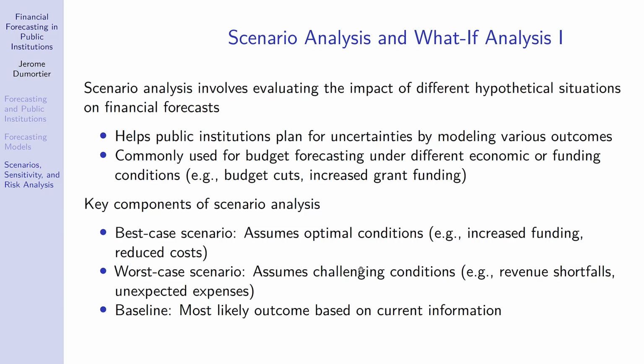This may be important if you're thinking about linking general sales tax revenue as a function of income, and how the growth of income may affect general sales tax revenue. Basically, you can run different scenarios that help you plan for uncertainties by modeling various outcomes, for example, different growth parameters for real income that influence the general sales tax revenue.